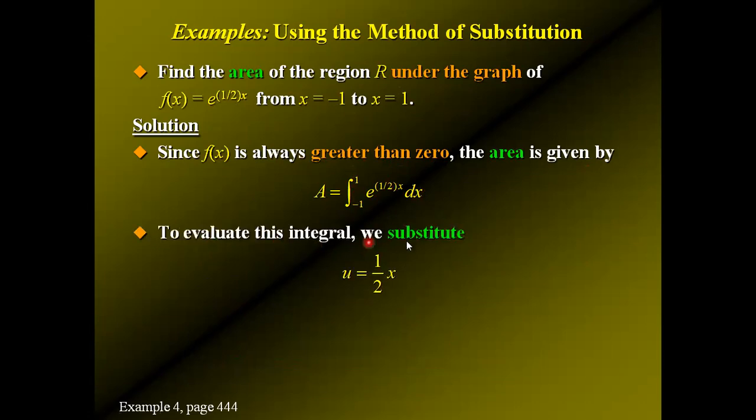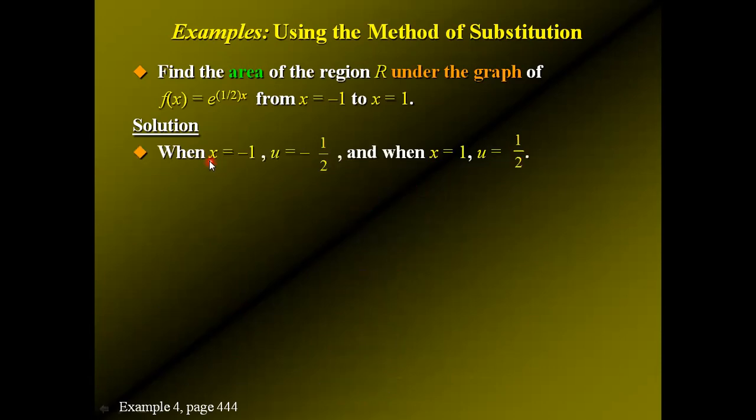To evaluate this integral, we can substitute x by 2 equals u. Then du equals half dx, so dx equals 2 du, and we have e to the power u.